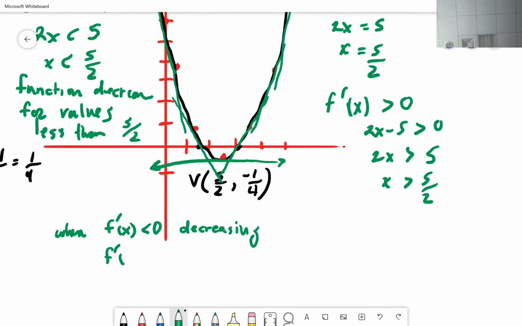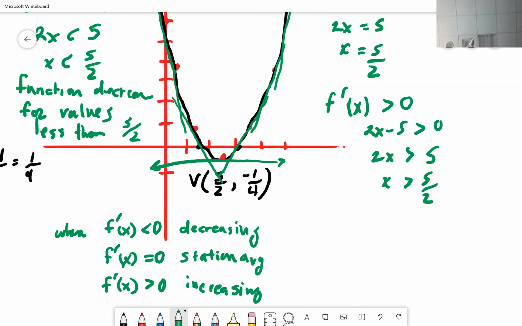When f prime of x is equal to 0, we say it's stationary. And when f prime of x is greater than 0, we say it's increasing. Now, notice that the vertex is the lowest point.